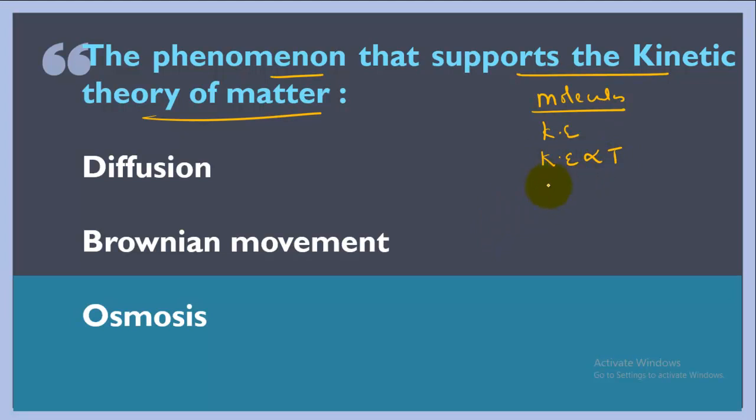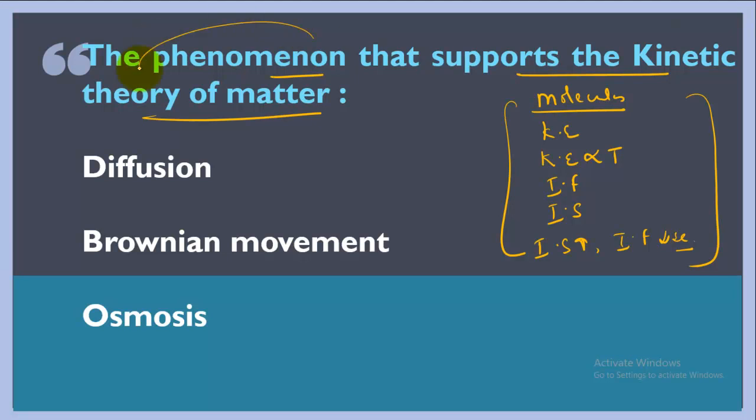We also did that between the molecules there are intermolecular forces and they possess spaces, and if the space increases then intermolecular force decreases or vice versa. If we sum up, these are the postulates of the kinetic theory of matter.